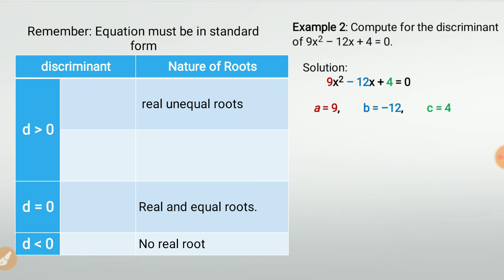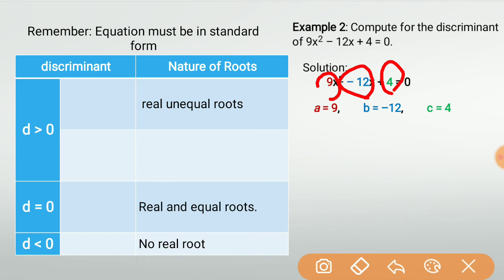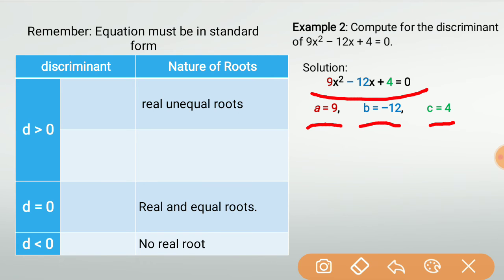So the coefficient of the first term is 9, the coefficient of the second term is minus 12 and the coefficient of the third term is plus 4. So I'll take 9 as a, minus 12 as b, plus 4 as c from the given question.